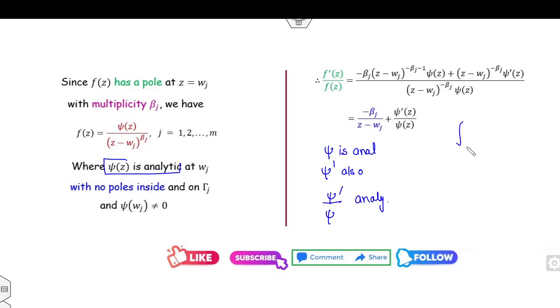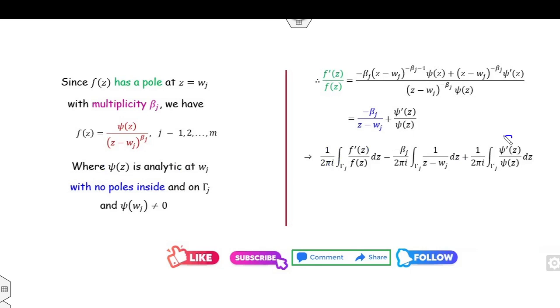So I can multiply by 1 over 2 pi iota over the circle gamma j, because we are indexing with j. Again, this component will be 0 by the Cauchy theorem, and this component will be 2 pi iota by the Cauchy integral formula. So this answer will be minus beta j into 2 pi iota.